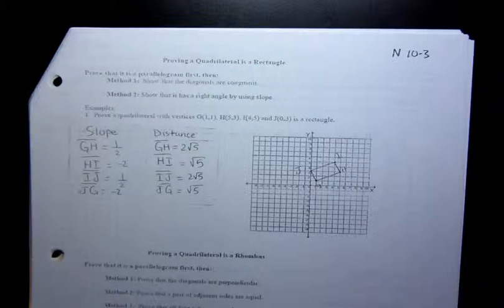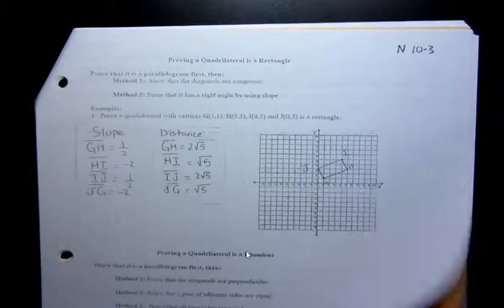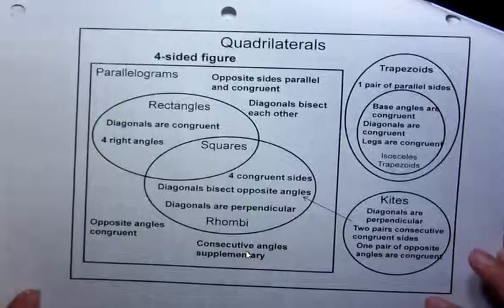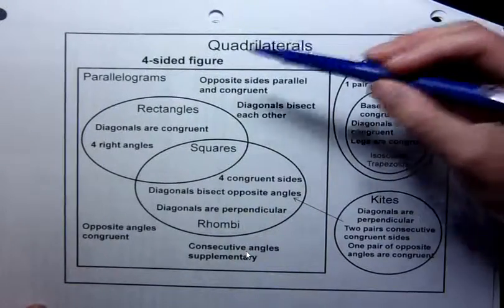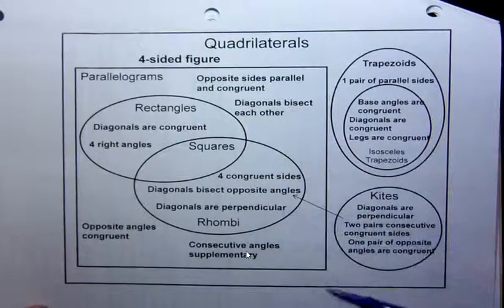Okay, so when we're proving something is a rectangle, rectangles have to have 2 layers of proofs. So rectangle, rhombus, if we come back to this chart, and y'all look up here with me, this really helps with knowing just how many proof statements you need.